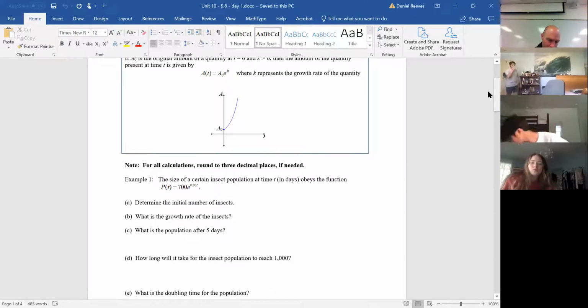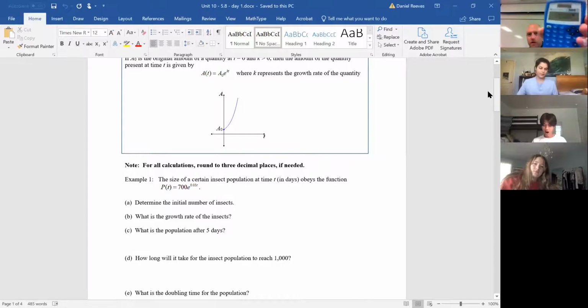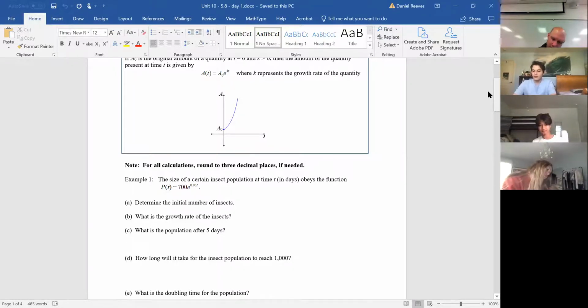So if I type in 700 e to the 0.15, and when I hit E on these things, it automatically knew that I wanted to do a power of e, so it gave me that little e caret. If I type that in and hit enter, it tells me I have 813.28. So I'll just put approximately 813 bugs. So far, so good?